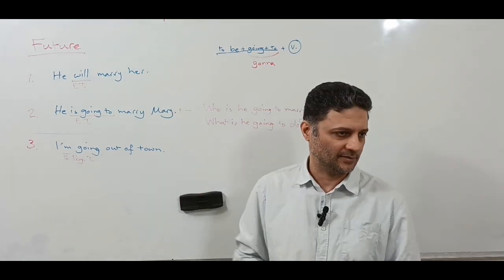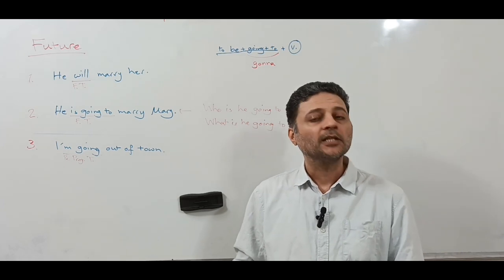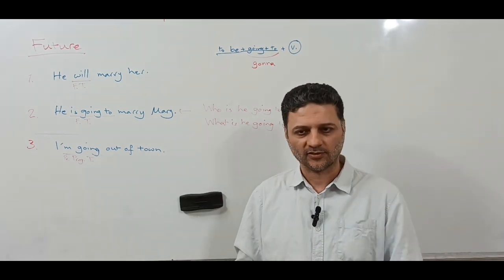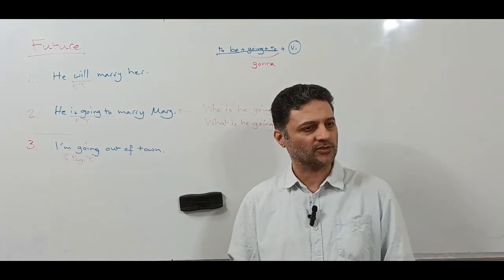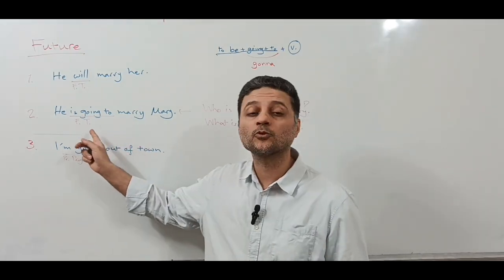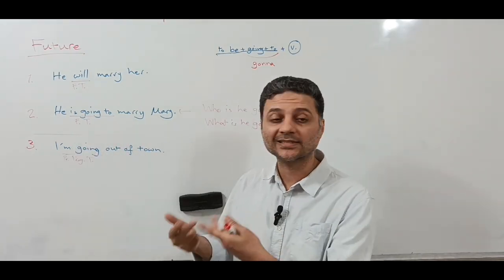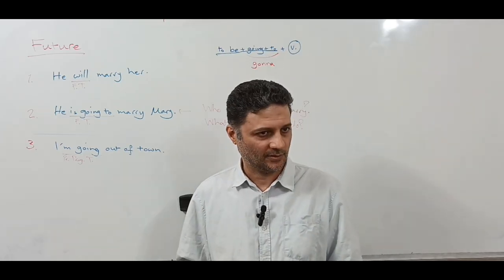It may rain means 30% chance of rain. It might rain, 20% chance. But if you say it will rain, there's a 50 to 60% chance. But when you use to be going to, you increase that chance. You strengthen the scenario.